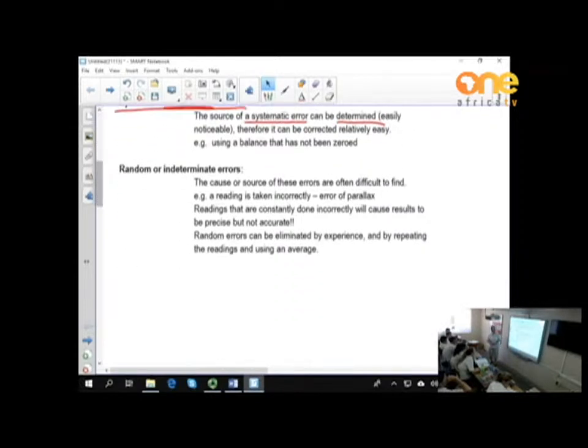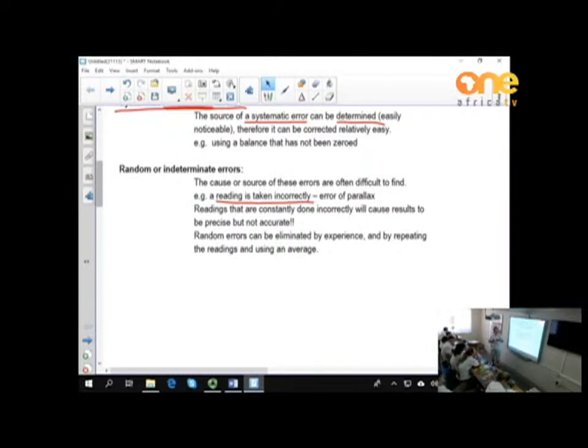Random or indeterminate errors are slightly more difficult to find because we don't know what we did wrong. Okay. And it can be, for example, a reading that is taken incorrectly. But if you take the reading incorrectly consistently through your practical, you should also be able to get a result from it.